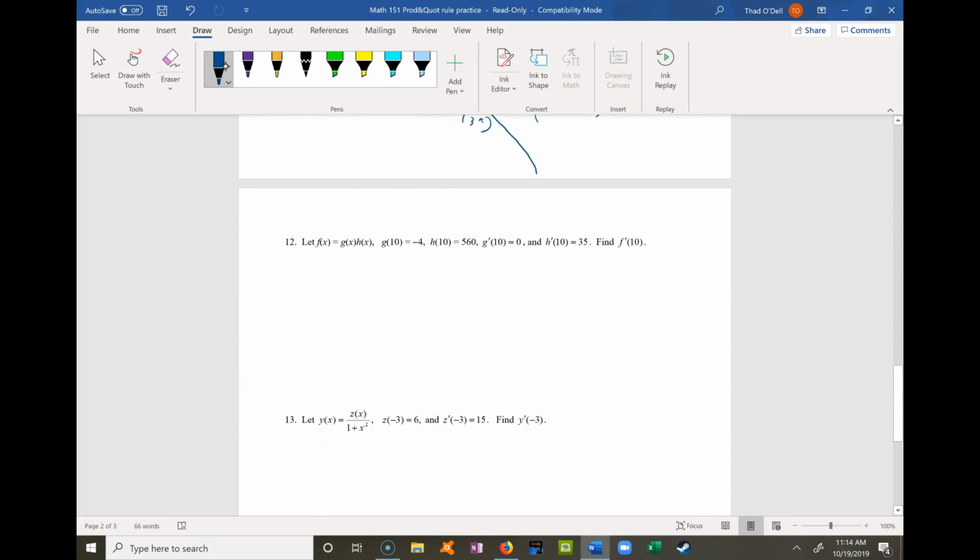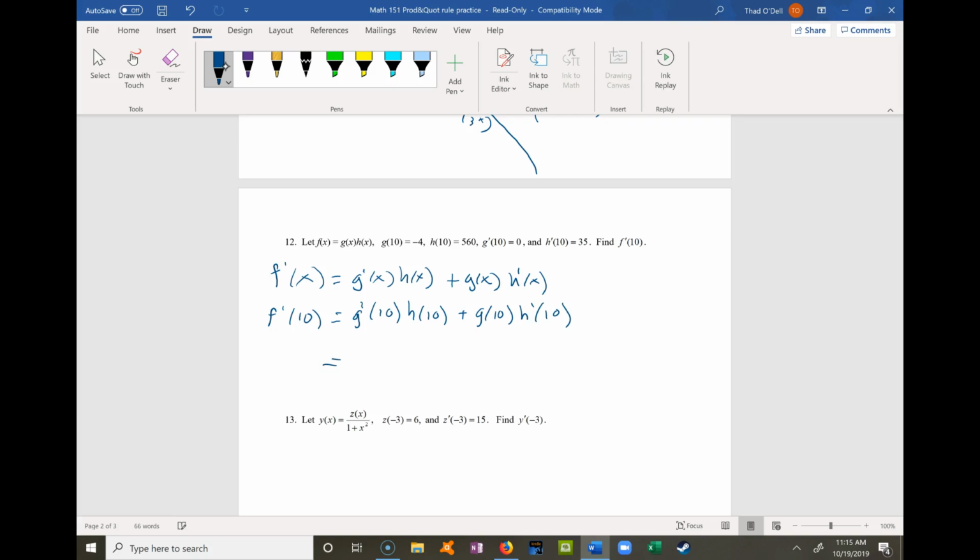Okay, so this is just making sure you truly understand the product rule. So f prime of x would be equal to g prime of x times h of x plus g of x times h prime of x. So if I want to know f prime of 10, then f prime of 10 would be equal to g prime of 10 times h of 10 plus g of 10, whoops, I forgot the prime right there, times h prime of 10.